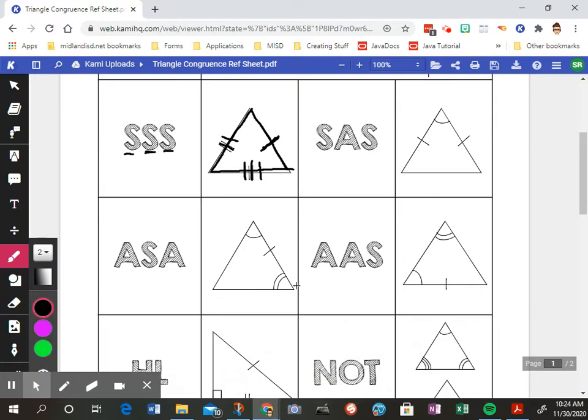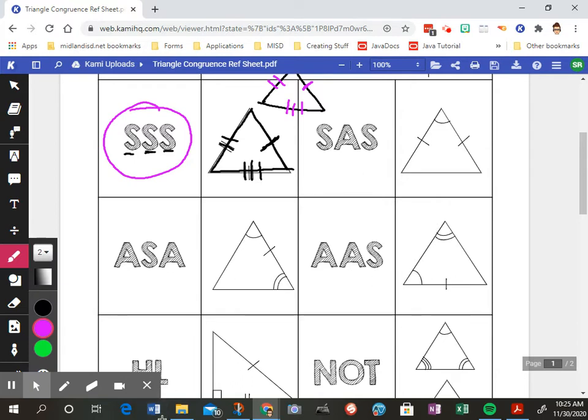So it means I've got another triangle with one tick mark on one side, two tick marks on another side, and three tick marks on the third side. So something like this. 1, 2, 3. They're congruent by side, side, side. Sound good? Okay.